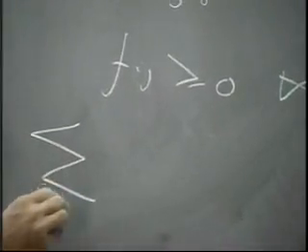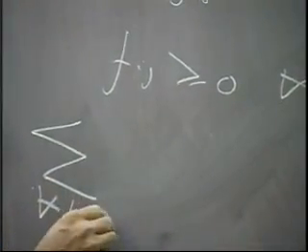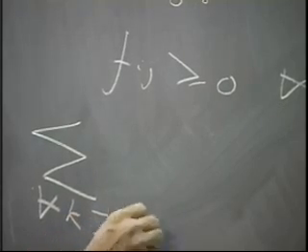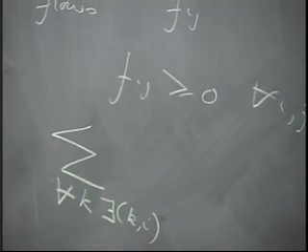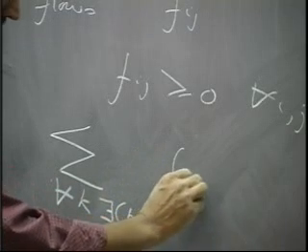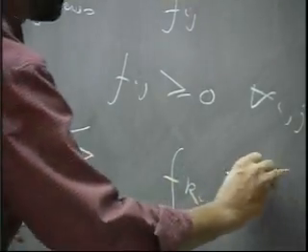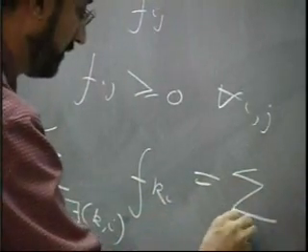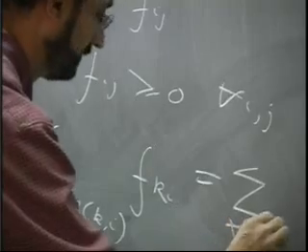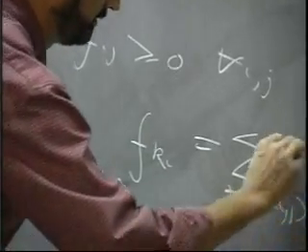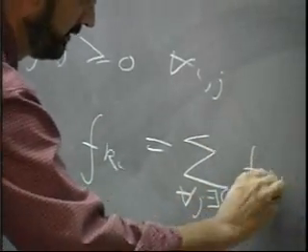So summed over all k such that there exists ki, the flow Fki, this is the total amount of flow coming into node I, should be the same as the sum for all j that exists Ij, Fij.